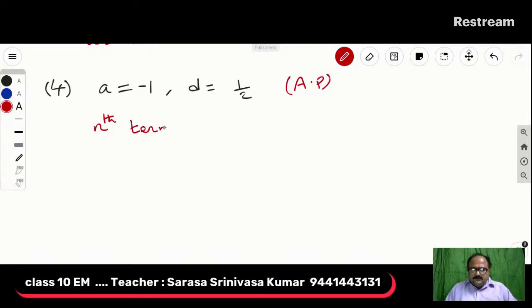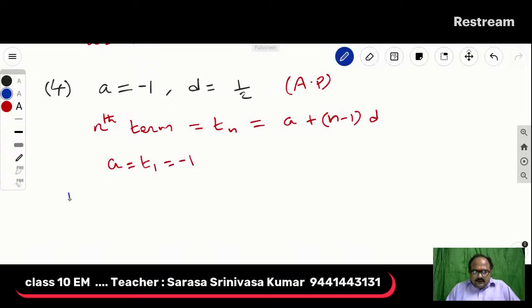Nth term Tn equal to A plus (n minus 1) multiplied by D. So A equal to T1, that is equal to -1, it is already given. When n equal to 2, we get T2 equal to A plus D.